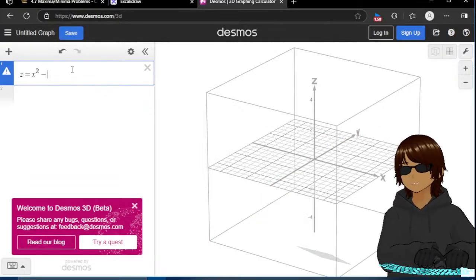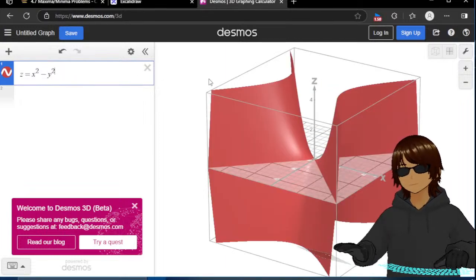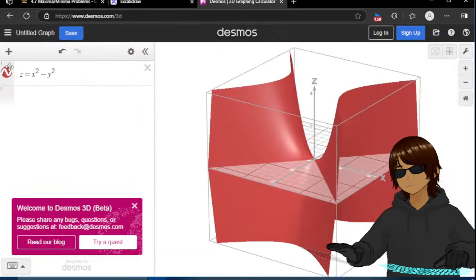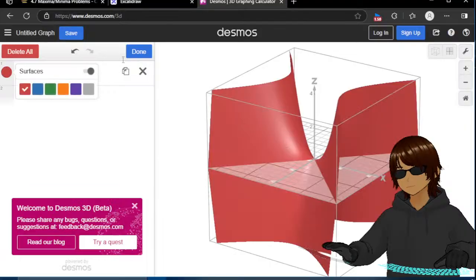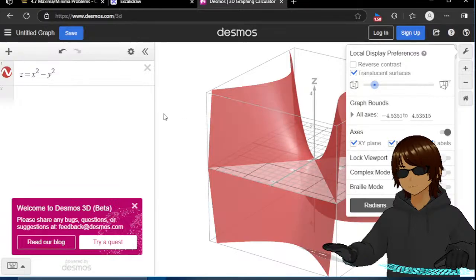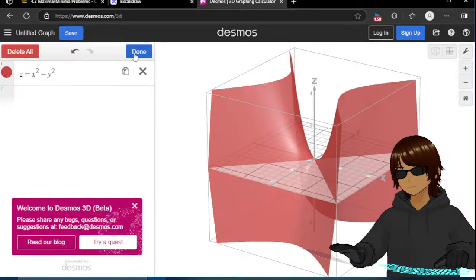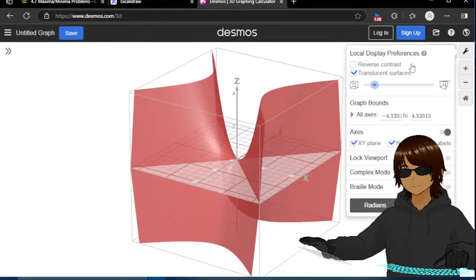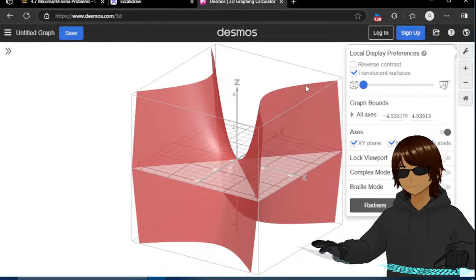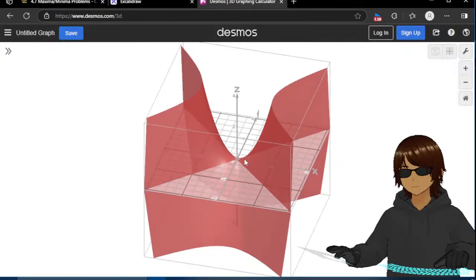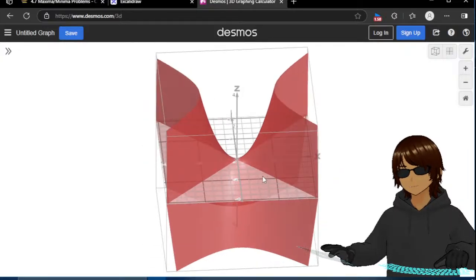z is equal to x squared minus y squared. Can I make it transparent? So, this is quite laggy.